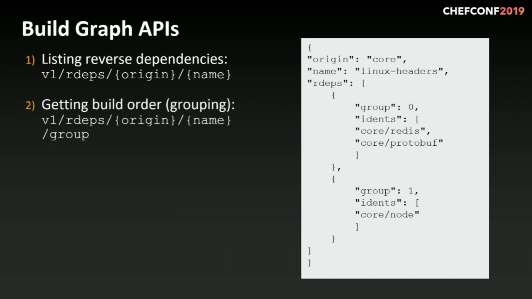But then also, if you want to find out what is the optimal grouping in terms of building these things, we have that. And that's a sample response for the grouping. So you can see if you have one thing at the root, then you can say, OK, you can build in group 0. You can build these packages. And then once you have that, you can start your builds for these other ones. So that's the kind of intelligence that we can provide using the graph APIs.